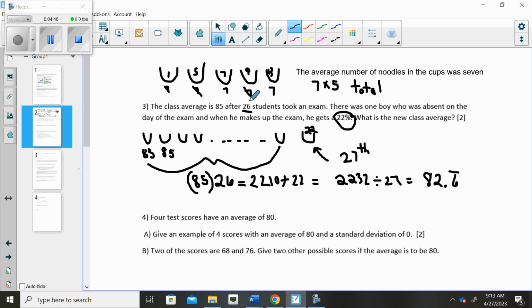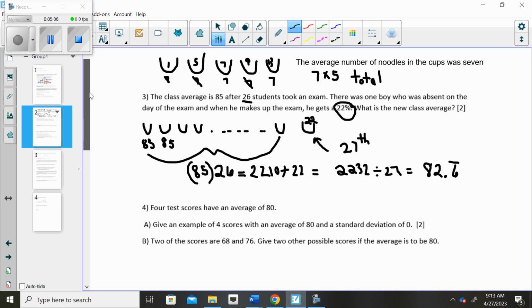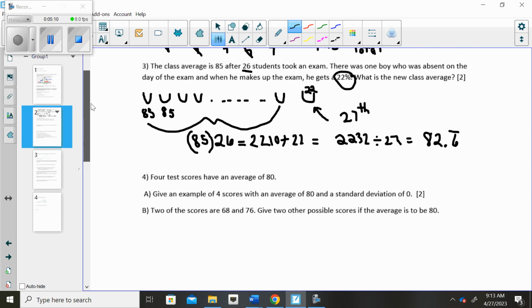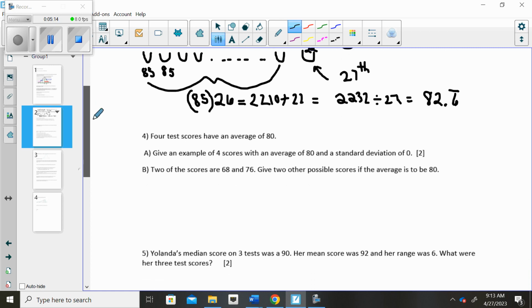But this was a relatively large class, so this student, although their score was an outlier, didn't affect the class average terribly, the way that sometimes outliers can really skew our averages, okay? And remember, when outliers skew our average, that's why sometimes we might rather look at the median, okay? So outliers affect an average, but not a median.